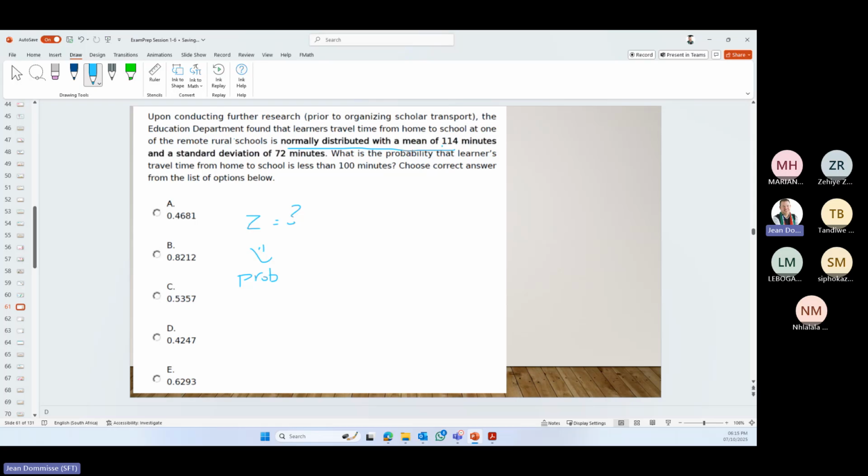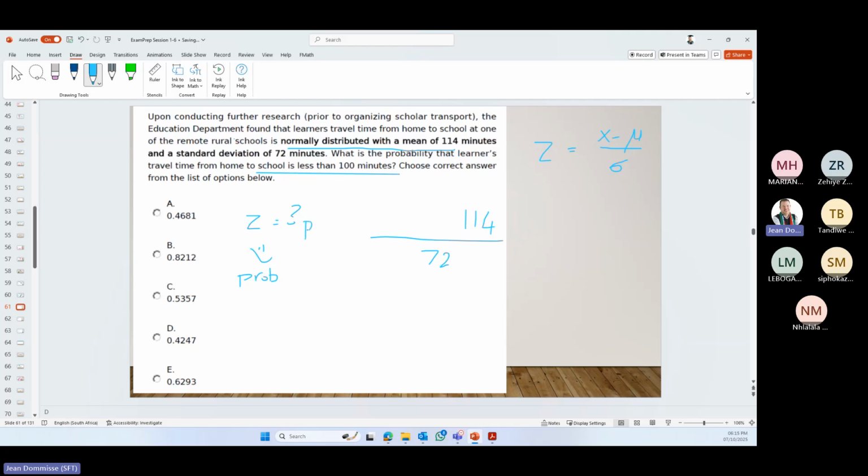with a mean of 114. Okay, so we already know the mean is 114. Standard deviation of 72, because we have this formula. What is the probability that the learner's travel time from home to school is less than 100 minutes?